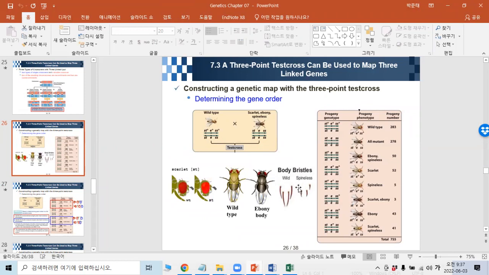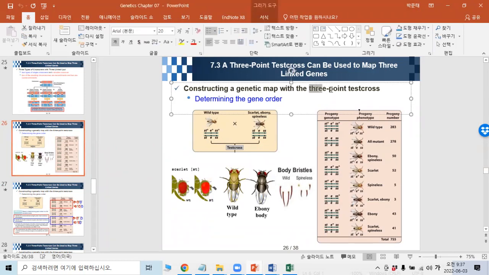Now we do the 3-point test cross with the triple recessive.